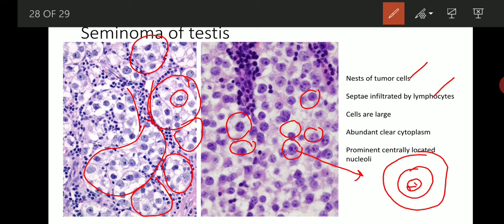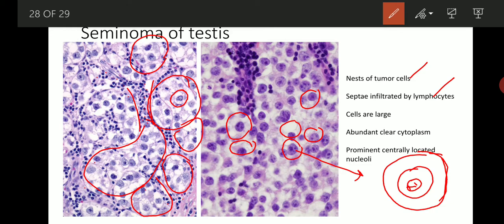A large prominent centrally placed nucleolus is a characteristic feature of seminoma. So the seminoma of testis is identified by the presence of these large cells with clear cytoplasm, prominent nucleolus, a centrally placed nucleus, and a lot of lymphoid infiltrate in the stroma.